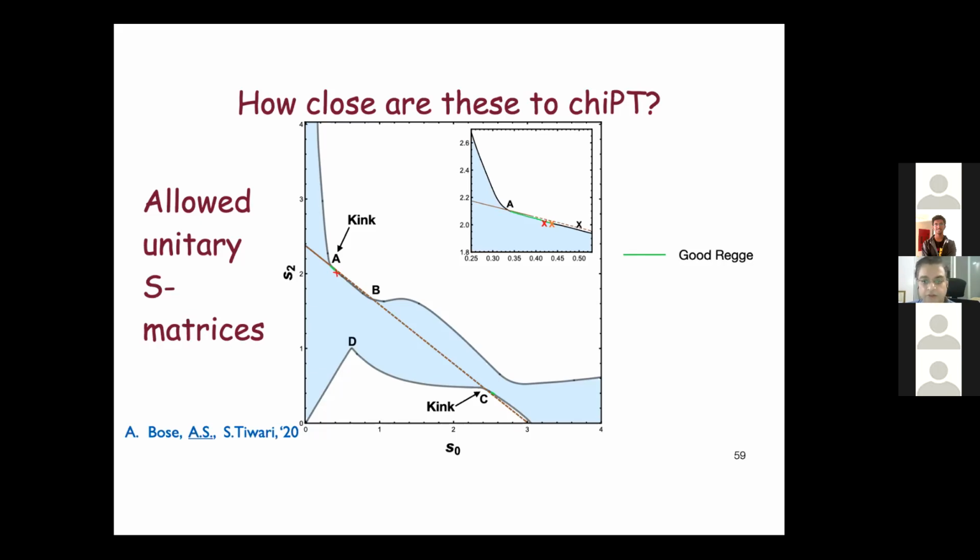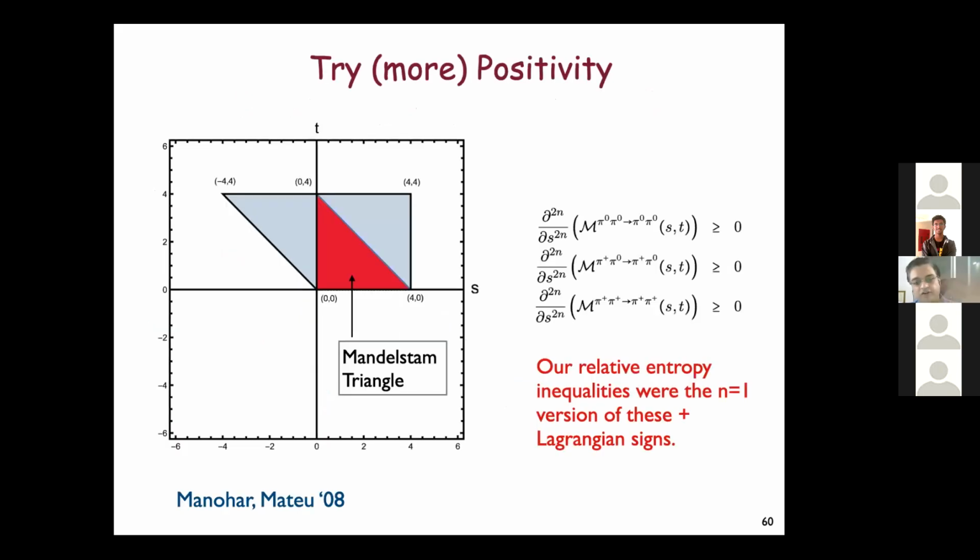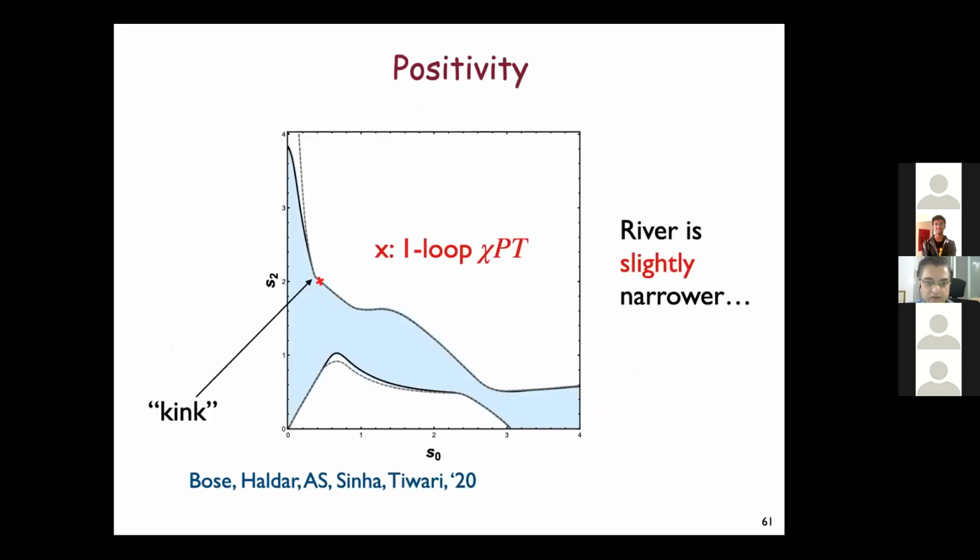I see. So the resonances, the scattering lengths, they are definitely within the error bounds. Okay, thank you. You can try more things. You can try more positivity. There are some generalized versions of positivity which one can try, but it doesn't help you much. It doesn't reduce the space of allowed region much.